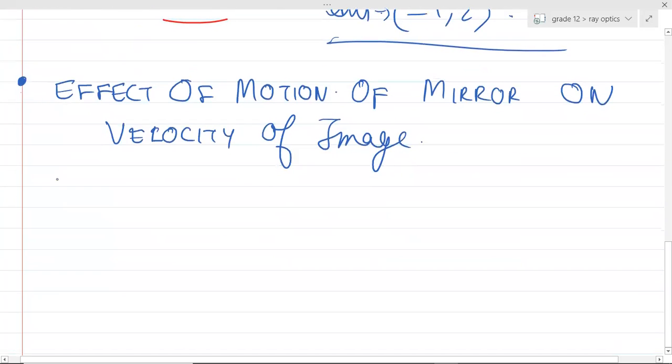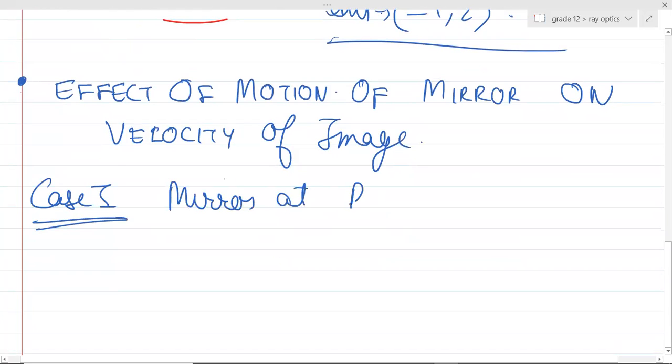Okay, so first case number one. Mirror initially is at rest. Let's see how exactly the velocity of an image and velocity of an object gets affected when the mirror is at rest. Hai na?